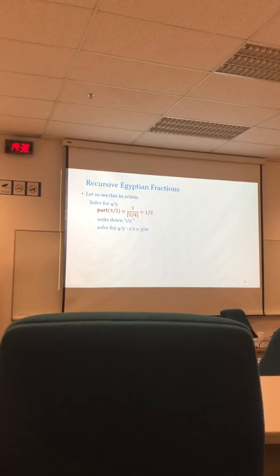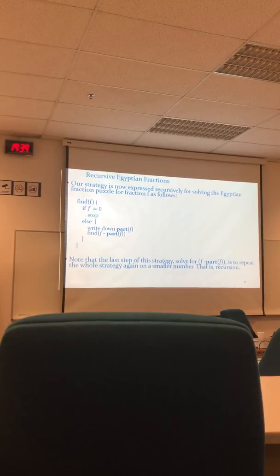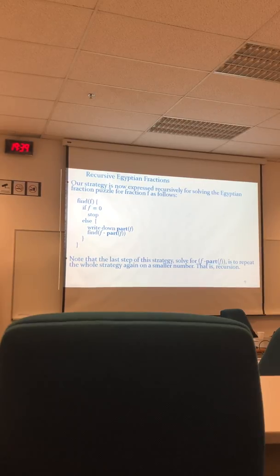Okay, now we calculate the Egyptian fraction for this one. The way we calculate the Egyptian fraction is the same way as what we did when we discussed the greedy approach. To find the Egyptian fraction for a rational number f, firstly, we check whether f is 0. If f is 0, we stop. Nothing. Okay? This is the base case.